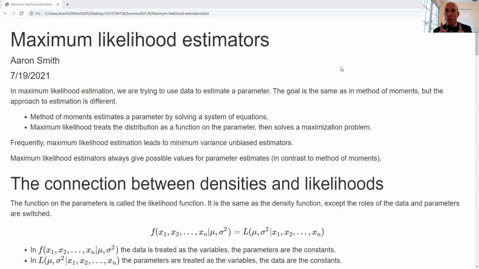but here's the difference. Here's where things get interesting. I'm going to take my probability distribution function. Normally, the data is the variables, and the parameters are the constants. What I'm going to do is take the same equation and switch it up. I'm going to make it so that the observed data are the constants, and the parameters are the variables.